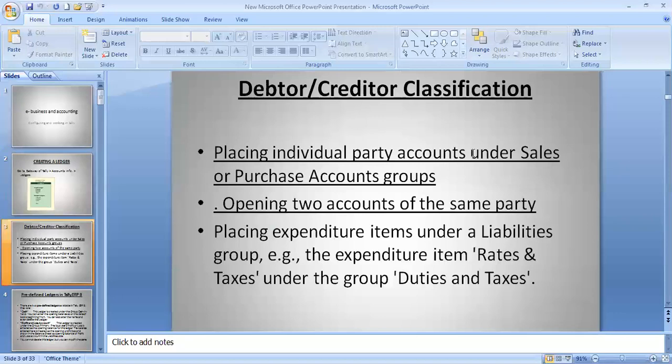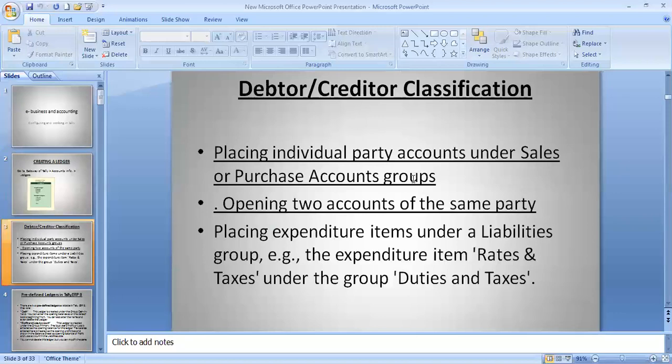Even that will be discussed. Next is opening two accounts of the same party. For the convenience of Tally ERP9, classify debtors, creditors and branch divisions. There is a classification of debtors and creditors information, so the two accounts of the same party can be opened.